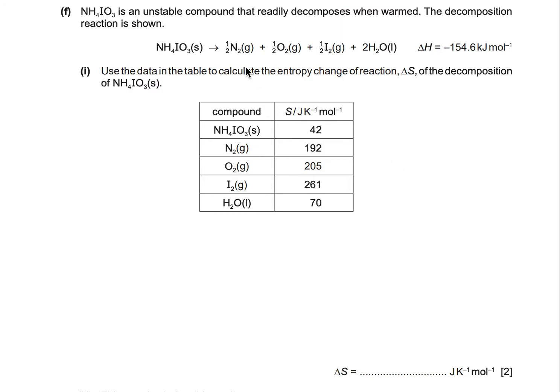This one says this compound is unstable and readily decomposes when warmed. The decomposition reaction is shown. This is the enthalpy change, which is minus 154.6 kilojoules per mole. Use the data in the table to calculate the entropy change of reaction. Now, how do we calculate entropy?